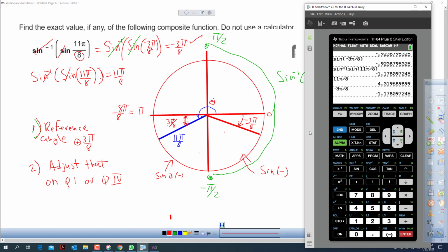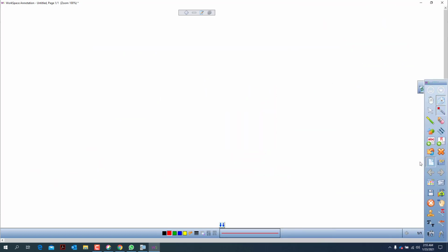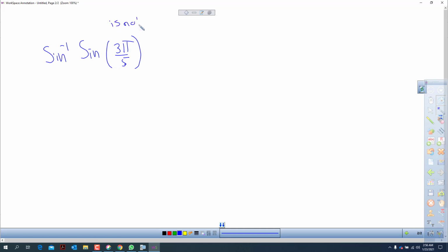If you want me to give another example, let me give another example here. Let's say you do sine inverse of sine of any other number, like maybe 3 pi over 5, right? 3 pi over 5 is not on negative pi over 2 to pi over 2.